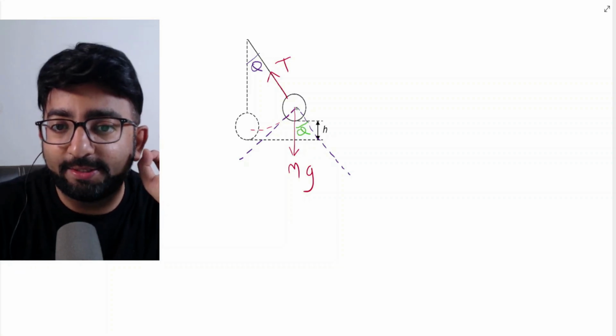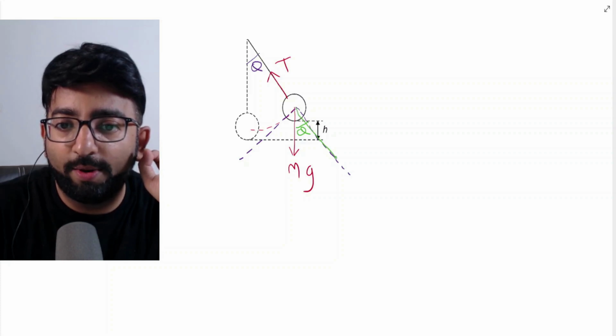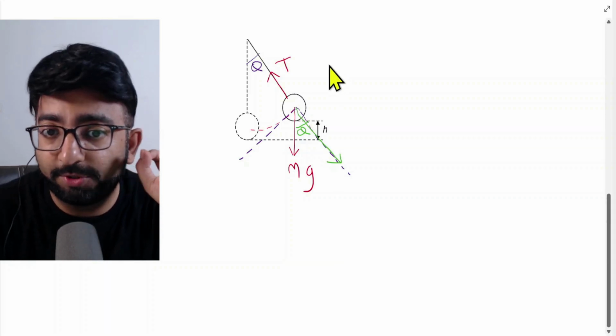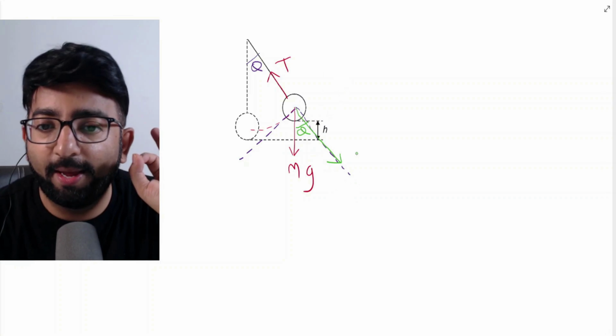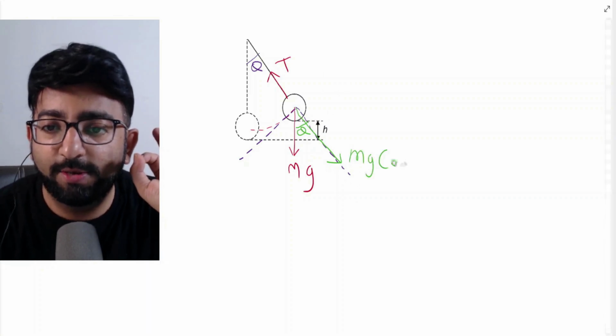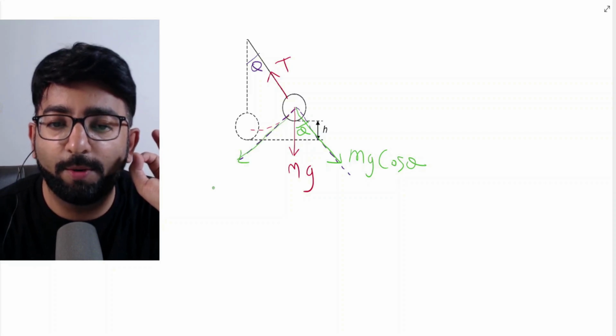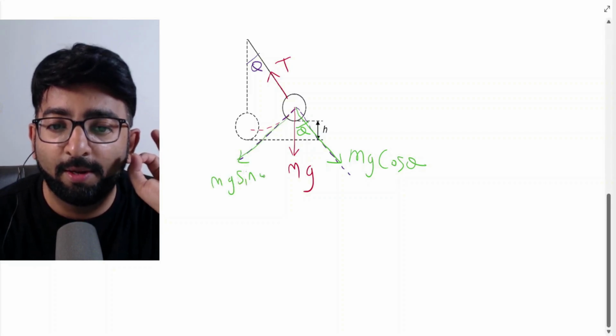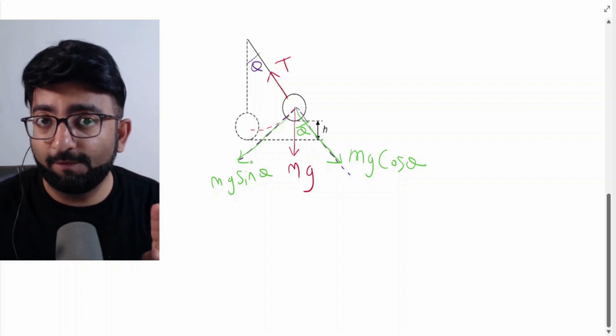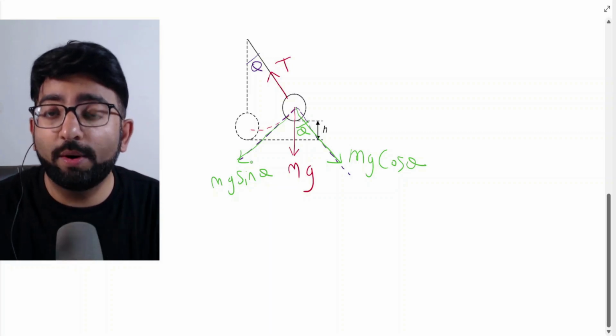So now we can clearly state that if I draw an arrow in this direction, the component of mg in this direction will be mg cos theta, and the other component which is tangential to the circular arc will be mg sin theta.